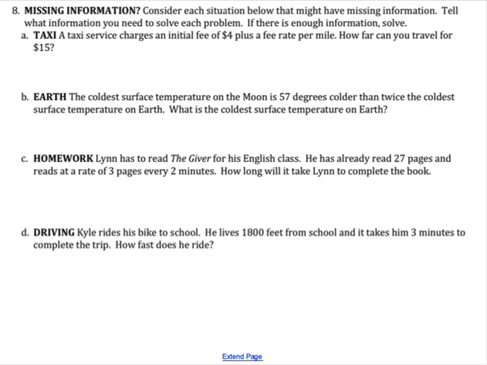All right, so we've got $15. We have to pay the $4. That leaves us $11 for the fee per mile, but we don't know what the fee per mile is. And in order to solve this, we would have to know what the fee per mile is.